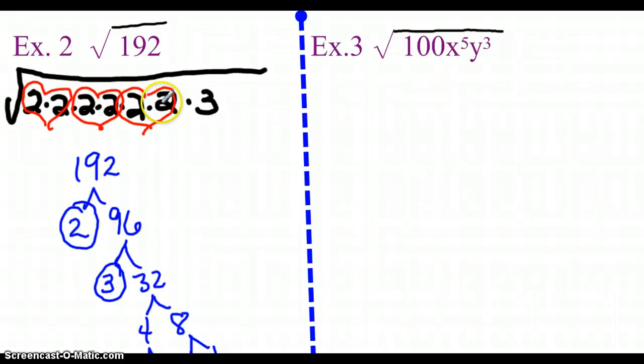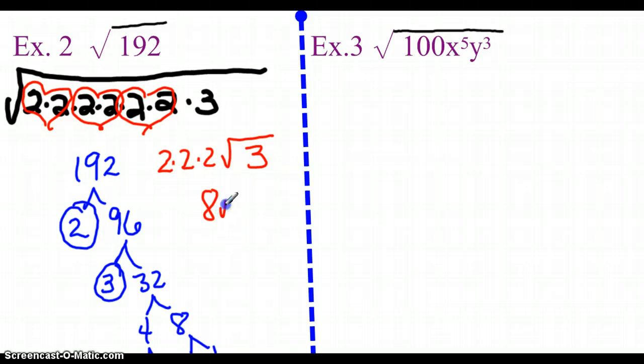So there are 3 pairs of 2's. For every pair, you write it in front once. So there'd be 3 2's, and the 3 doesn't have a date to the dance, so it stays underneath. So 2 times 2 is 4, times 2 would be 8. So this is 8 square root of 3, the most simplified piece.